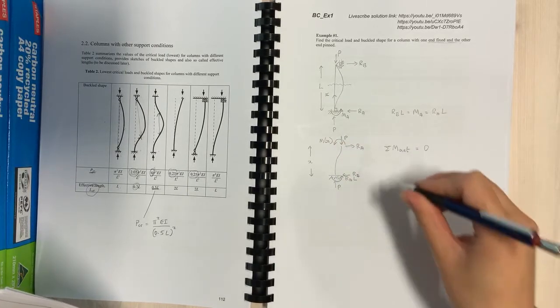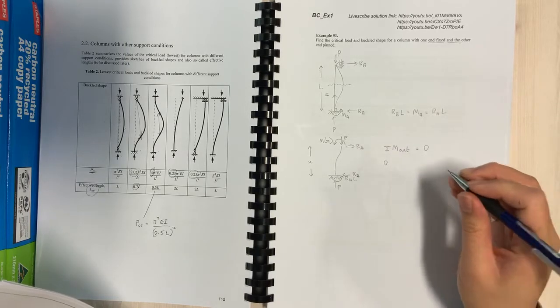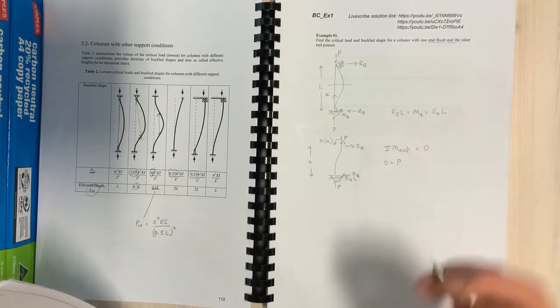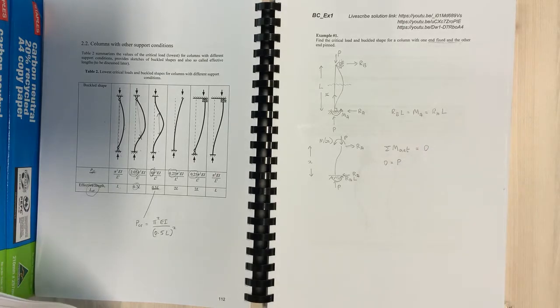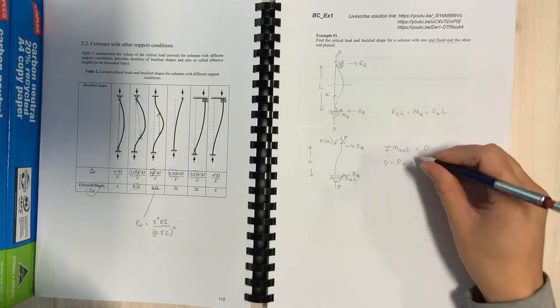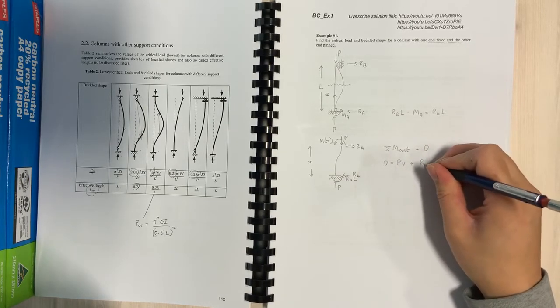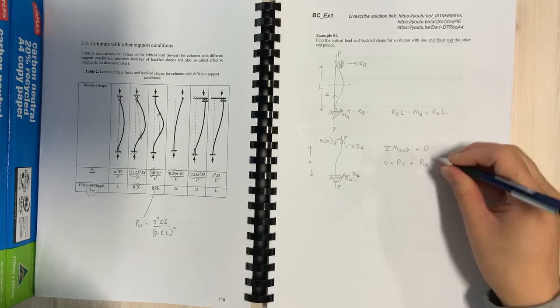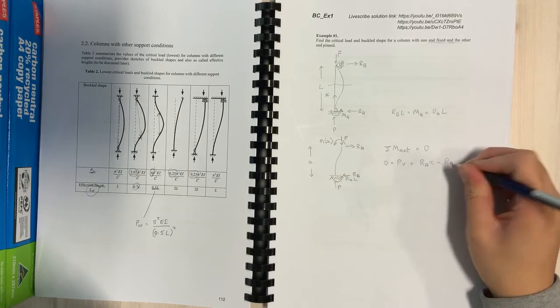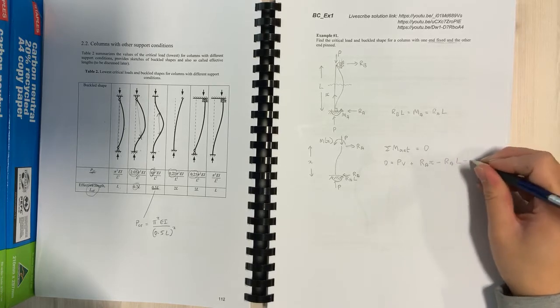And then from there, taking our moments, 0 is going to be equal to P multiplied by V plus RA times X minus RA times L minus MX.